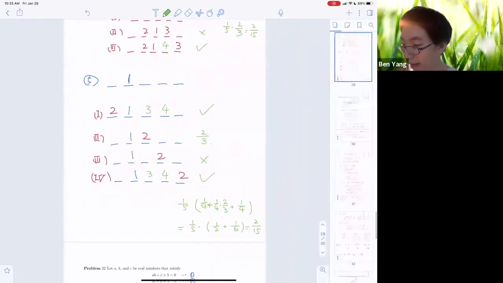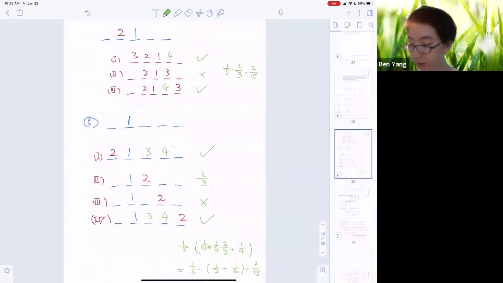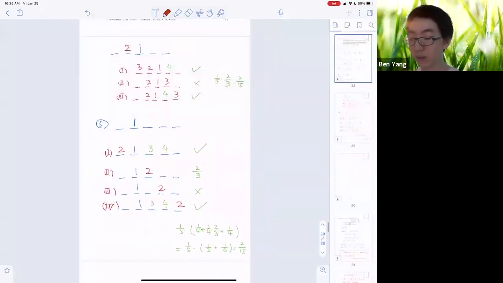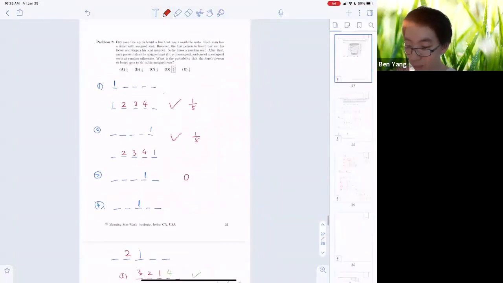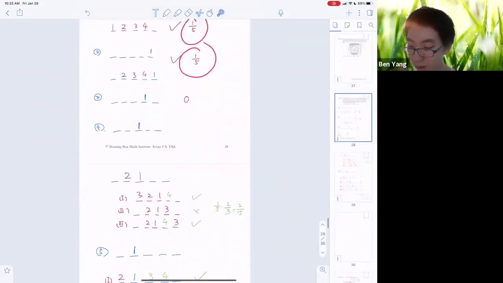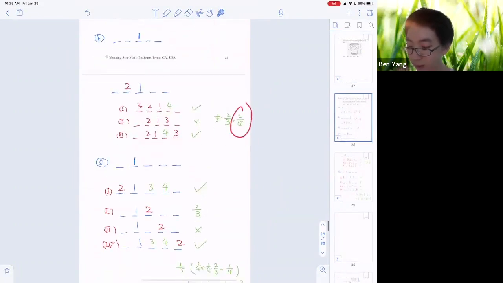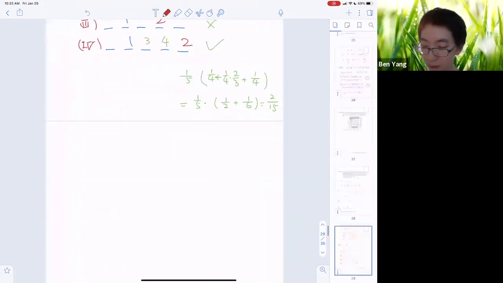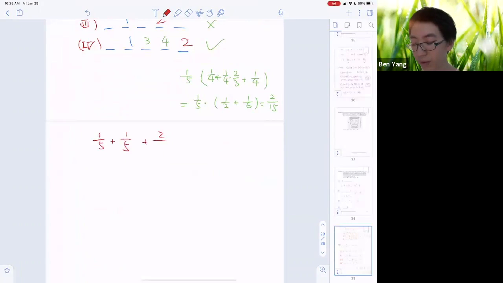All right, and now we have finished our casework. And the only thing we need to do is to take the sum of everything. We got 1/5 here, 1/5 here. We have a 2/15, 2/15. So let's take the sum. 1/5 plus 1/5 plus 2/15 plus 2/15.